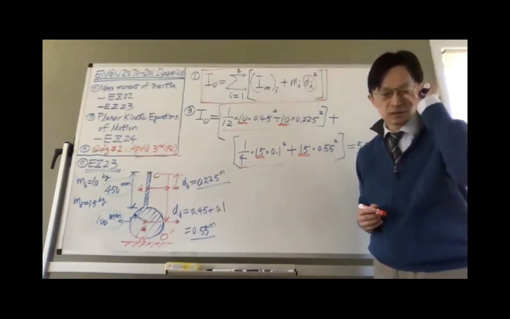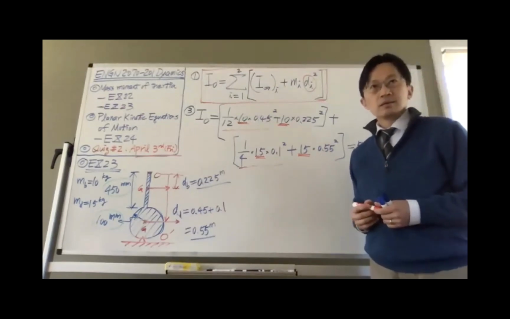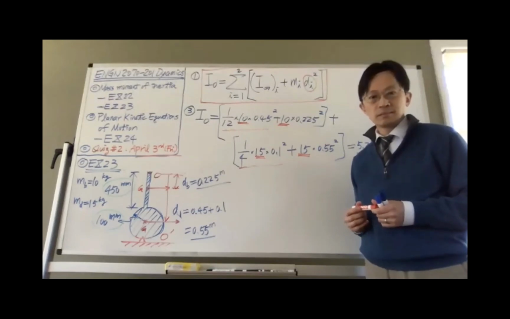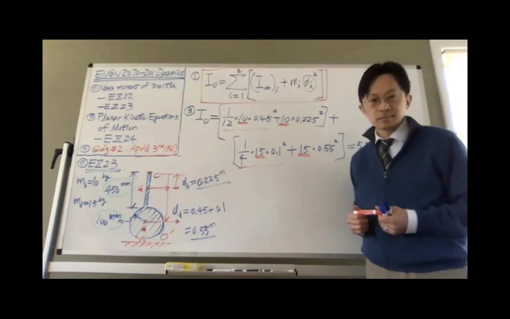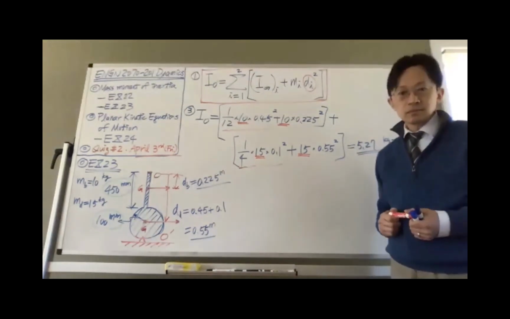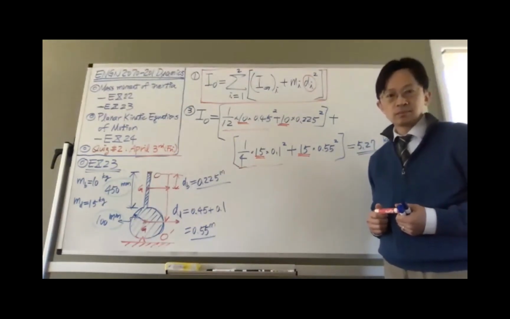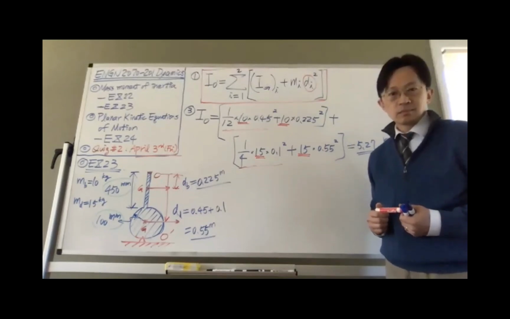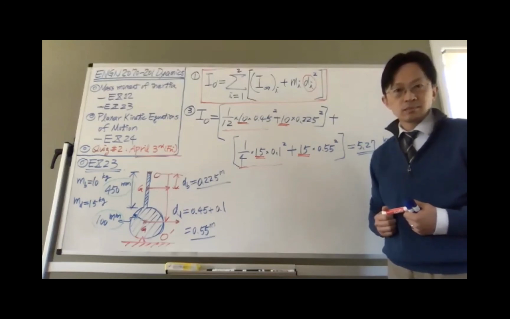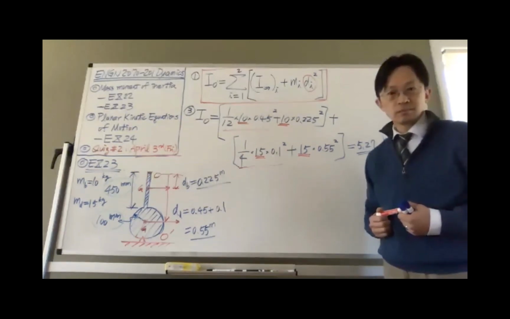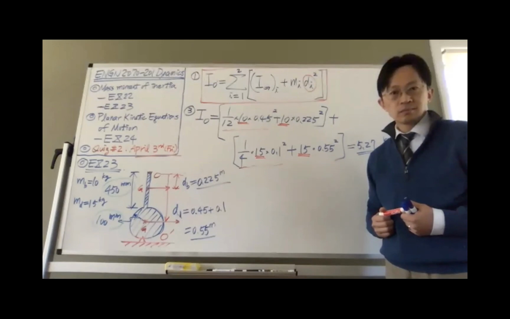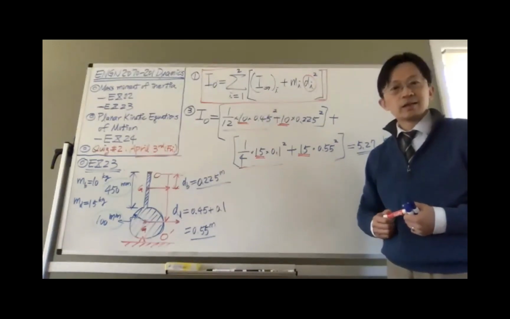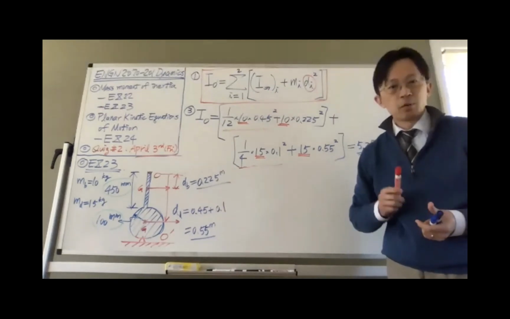Question for you. In strengths of materials, we also learned this equation, but it wasn't with mass. It was with area, and the final units wound up as length to the fourth. Is that related to this, or are they two completely separate things? Yeah, that's moment of inertia, but that's not mass moment of inertia.